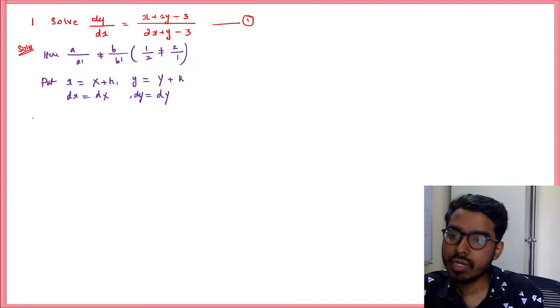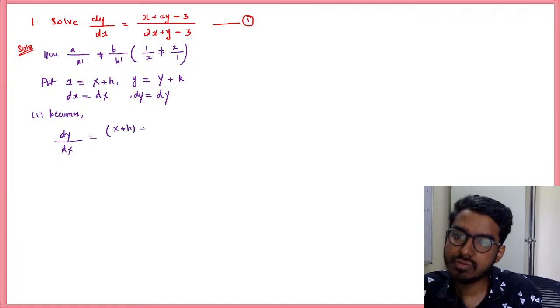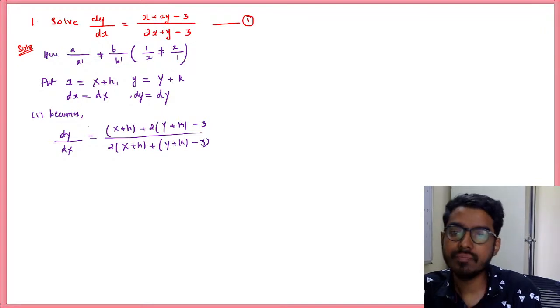Substitute in 1, so 1 becomes capital dY by capital dX is equal to x is capital X plus h plus 2 times small y is capital Y plus k minus 3 divided by 2 times capital X plus h plus y is capital Y plus k minus 3, right?